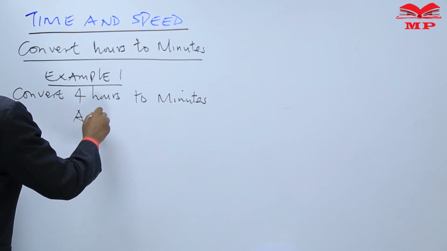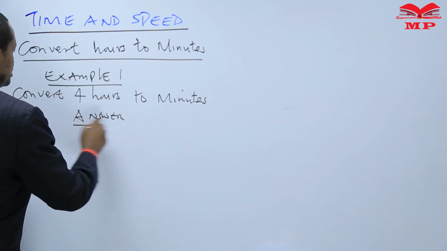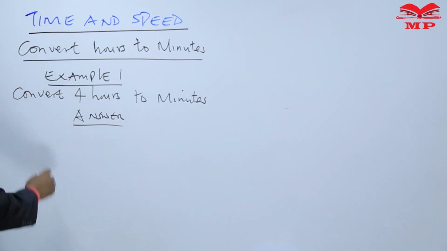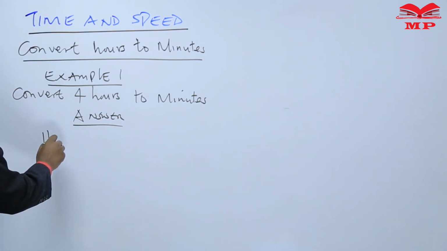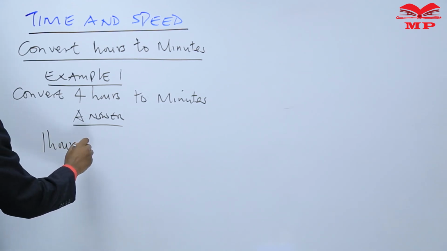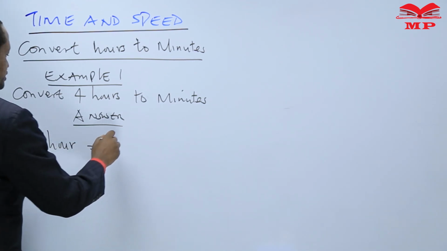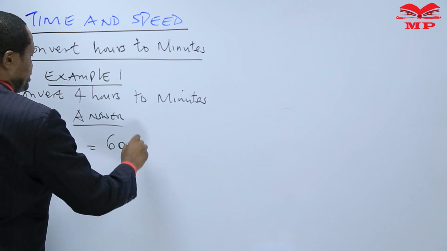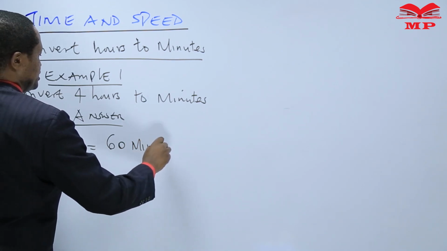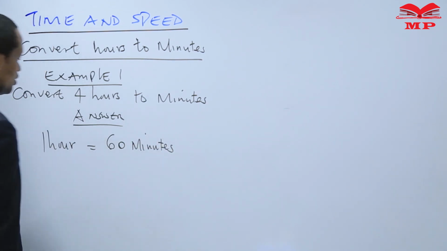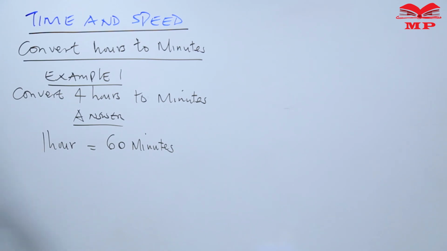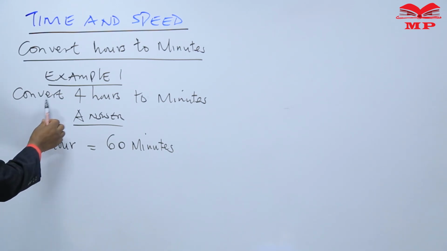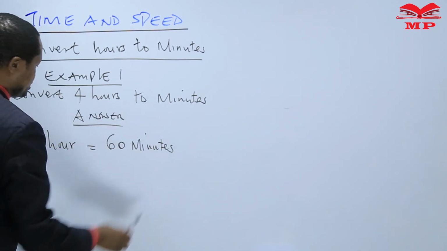Learners, I know you learned that 1 hour is equal to 60 minutes. Here we are to convert 4 hours to minutes.